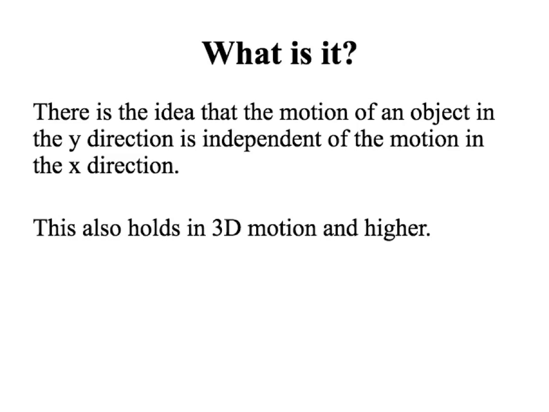If you have multiple dimensions, then the motion in one direction should not affect the motions in the other directions. So this is why we treat both the x and the y motions separately in our calculations. And we're going to see examples of how this is physically true.